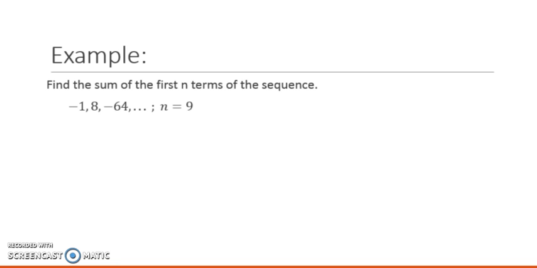So let's start by identifying which information we already have. We know that the first term in the sequence is equal to negative 1. And we know that n, altogether we're going to be adding 9 numbers. And then finally we need to figure out what r equals, which we can determine by picking any number in the sequence and dividing by the one in front. So try to pick the easiest numbers to work with.